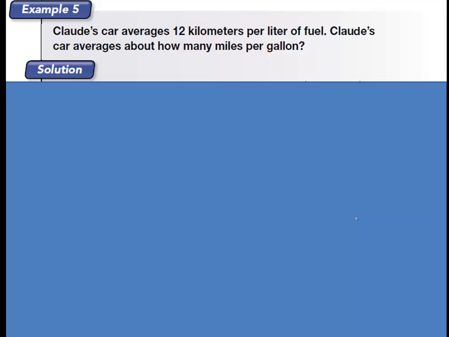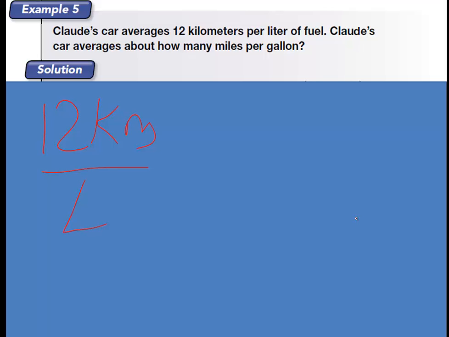All right, one more. Claude's car averages 12 kilometers per liter of fluid. Claude's car averages about how many miles per gallon? All right, so we've got 12 kilometers per liter. Okay, so what are we going to do next?